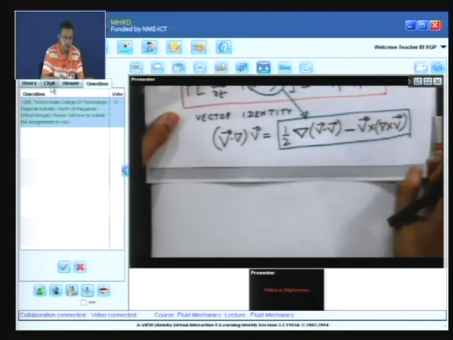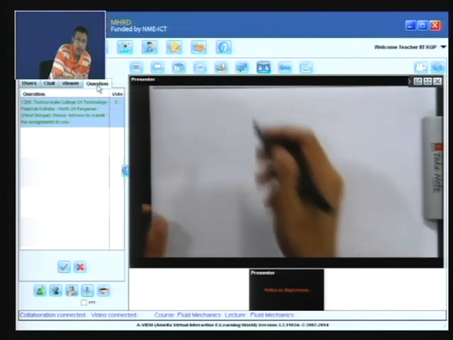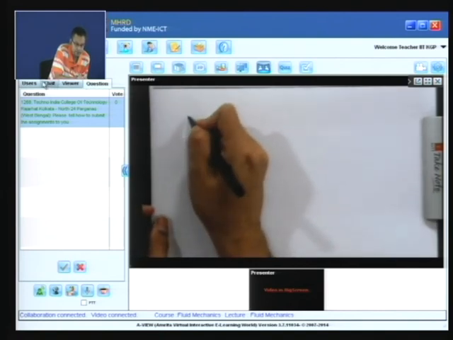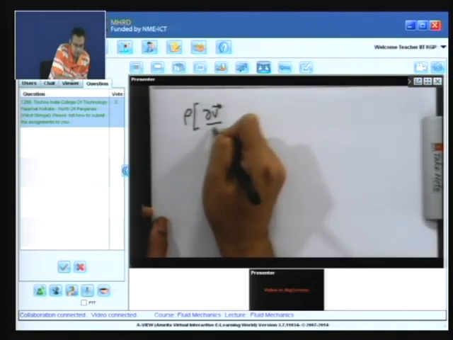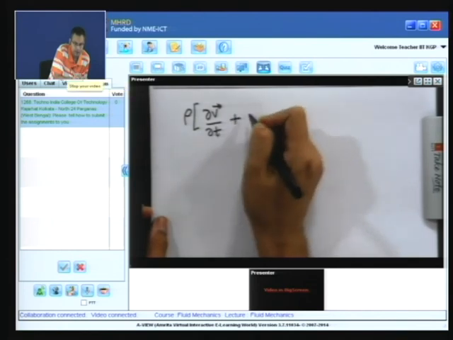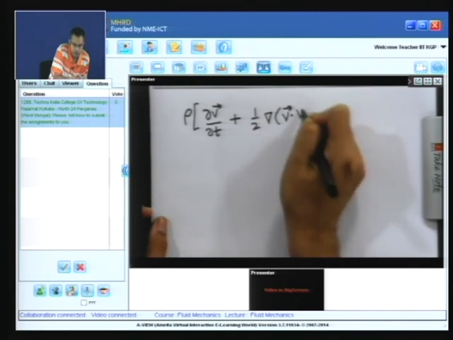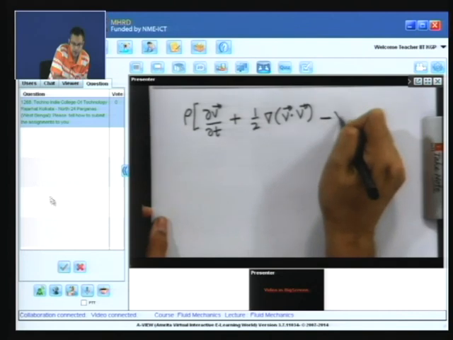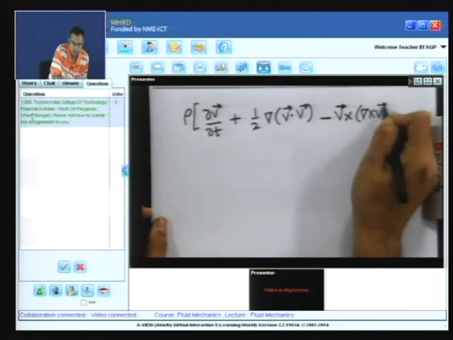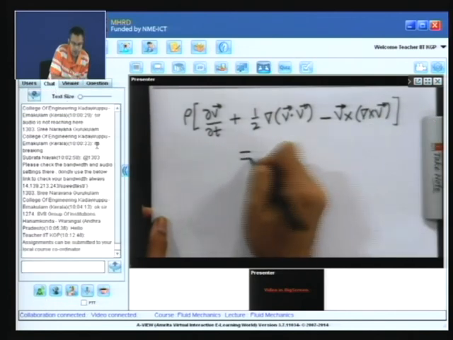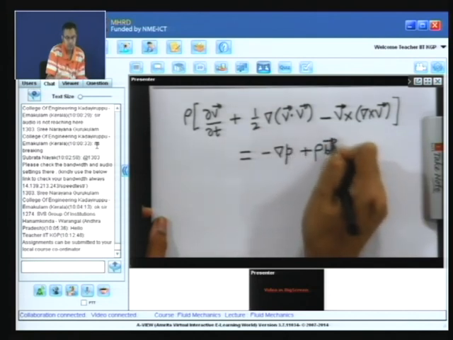So, if we replace the V dot del V with that identity, you will get rho del V del t plus half del V dot V minus V cross del cross V is equal to minus grad p plus rho b.